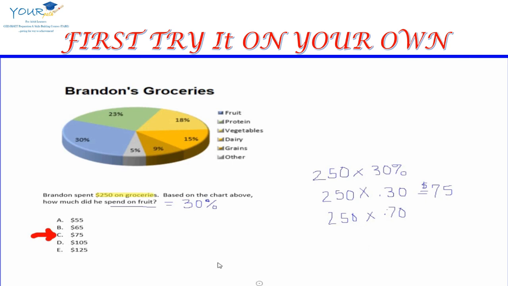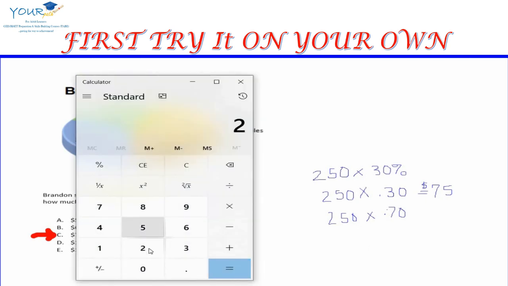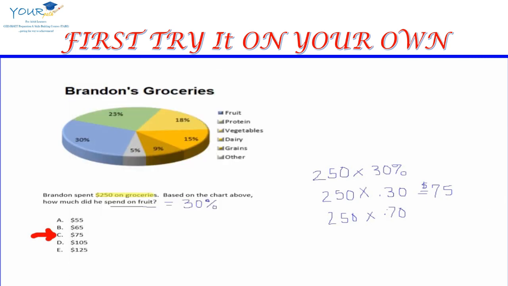Let's do that with the calculator. So we have 250 times 0.70. That gives us $175. So we can write that here.